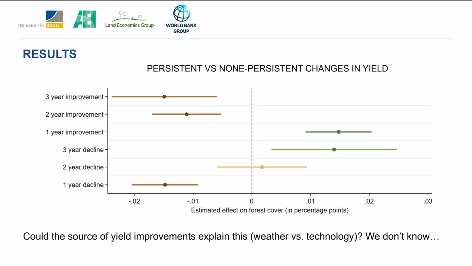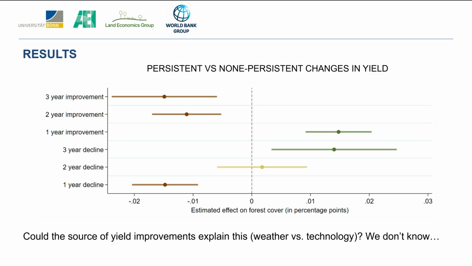And what we see here is short-term changes have the opposite effect of what we are looking at in the paper. So what we're finding is a 3-year improvement leads to the highest forest cover loss. A 2-year improvement leads to a slightly smaller forest loss. A yield improvement in the same year leads to a response of forest gain, and vice versa for the decline.